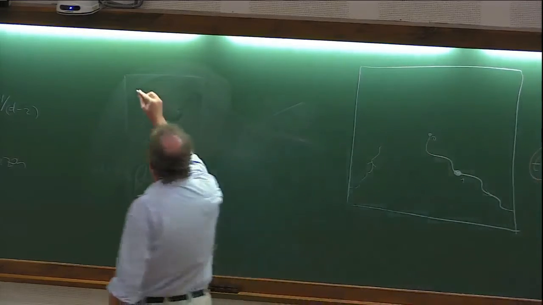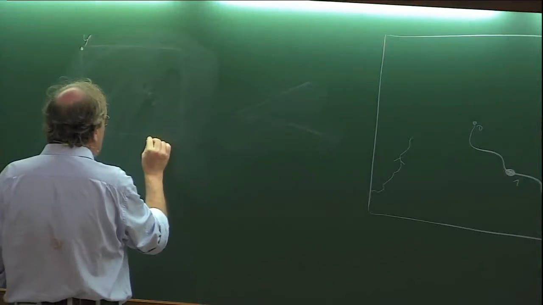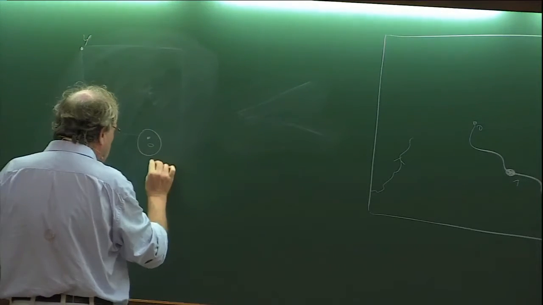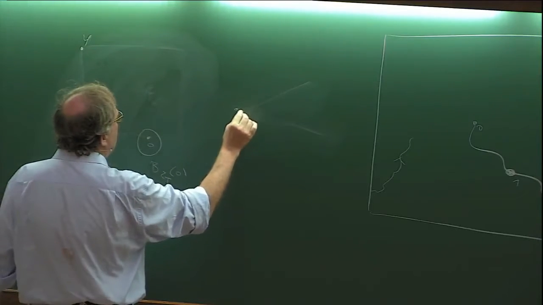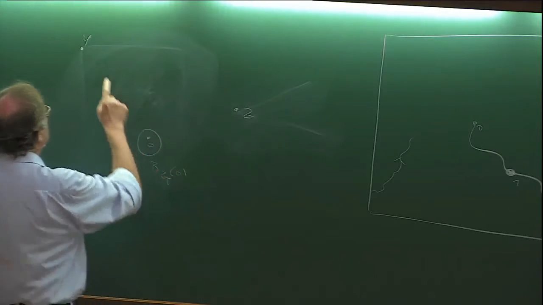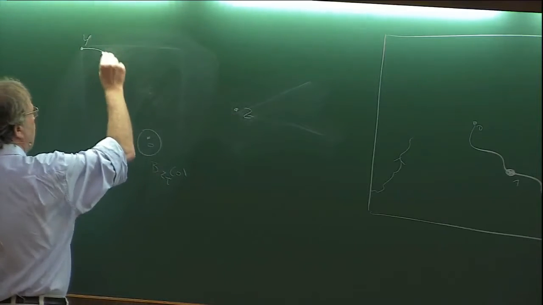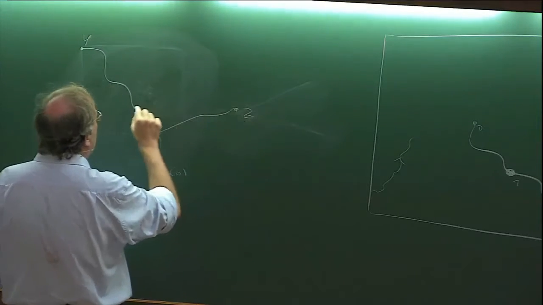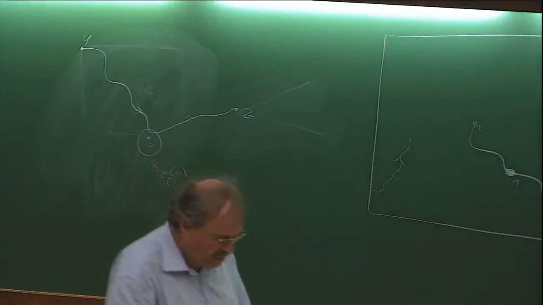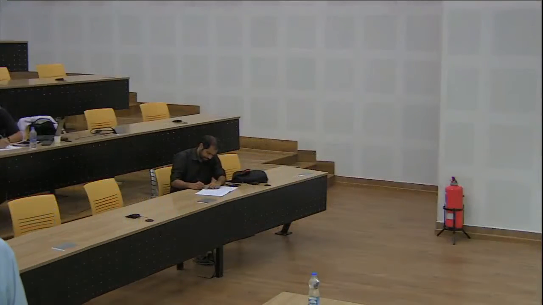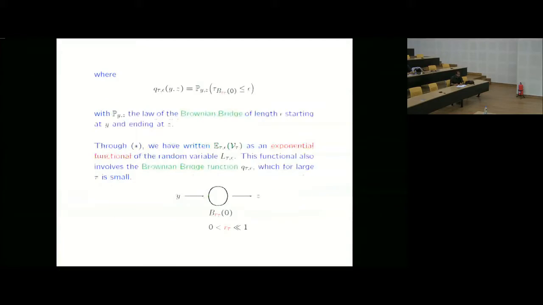So I'm saying what happens when I have here a point y, here I have the origin and I have a little ball of radius tau around that origin. And I am an excursion that has to go from y to z. What is the probability that that excursion will actually hit this ball of radius tau around the origin? And let's give that a name. So this is a standard Brownian bridge probability.